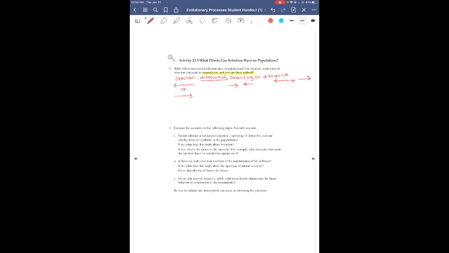So the difference between directional and disruptive is that directional is either going to the left or going to the right, whereas disruptive is going away from the middle, so it goes in both directions. Some graphs that you might have seen for this: in disruptive, the graph might look like this, where it's going this way and this way, but the middle trait is being selected against.